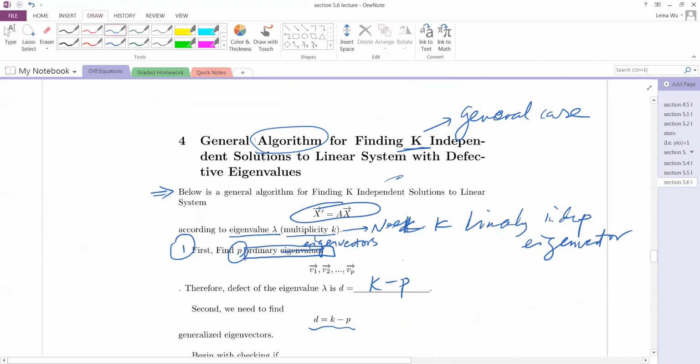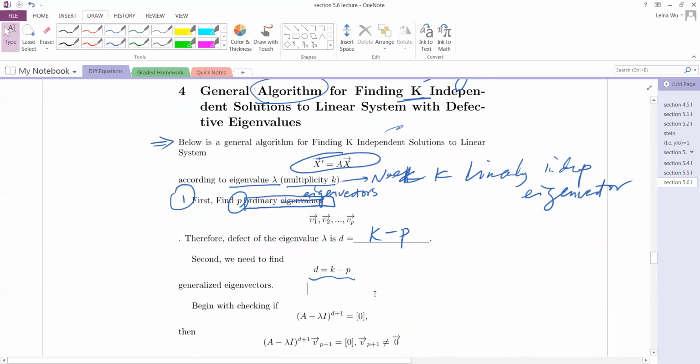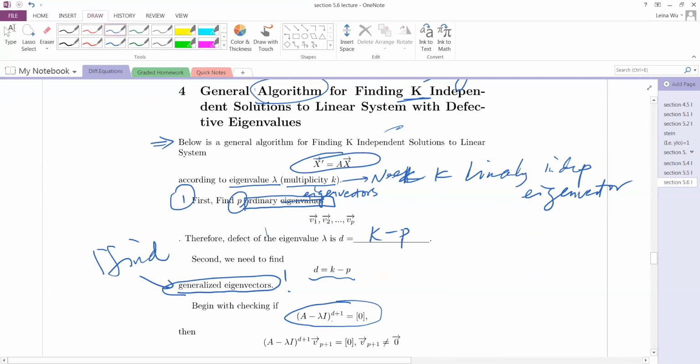Secondly, we need to find k minus p generalized eigenvectors. These are the ones we need to find. What we do is begin by checking A minus lambda I raised to d plus 1, to see if this matrix equals the 0 matrix.